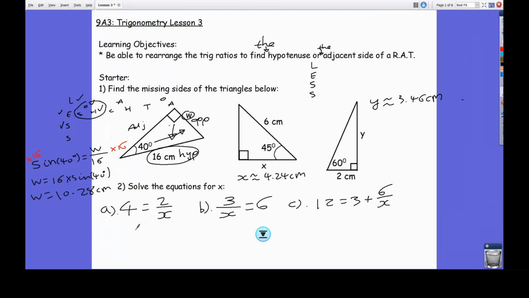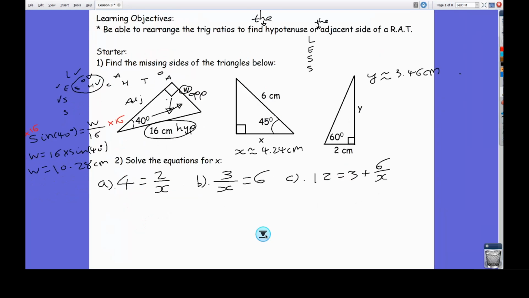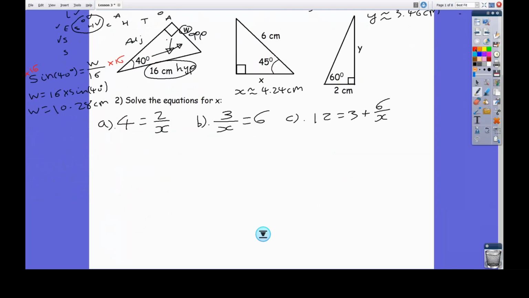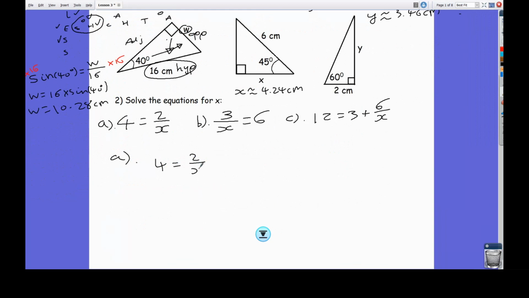Now, solving the equations for x, so I'm just going to move my page down if I may. So solving the equations for x, my first equation, a, I've got 4 is equal to 2 over x, so 2 divided by x. Now, we need to rearrange this in 2 stages. So my first step is to multiply both sides by x.